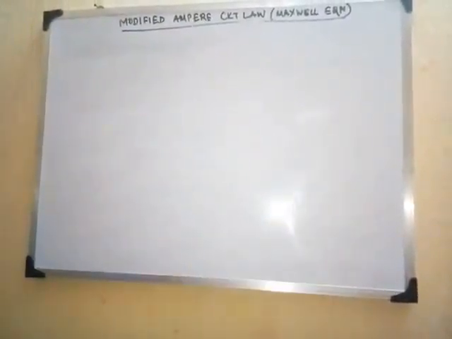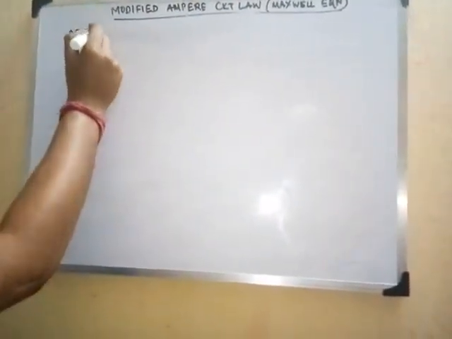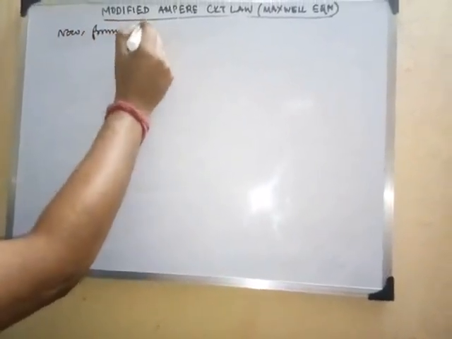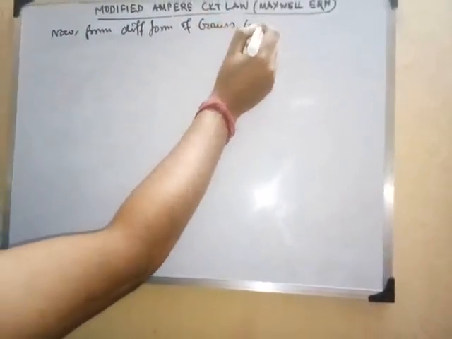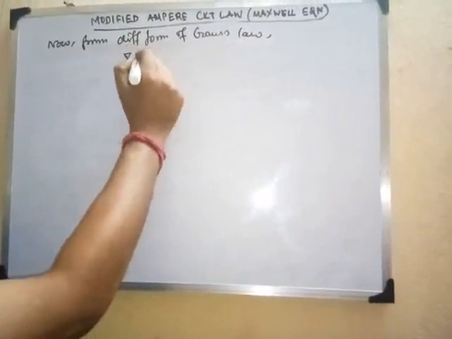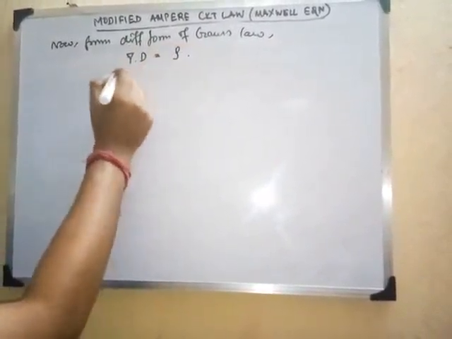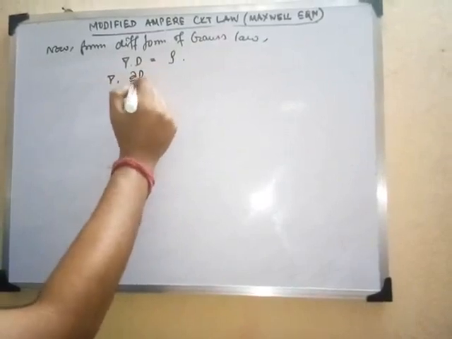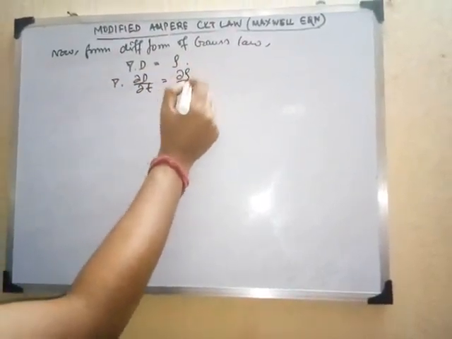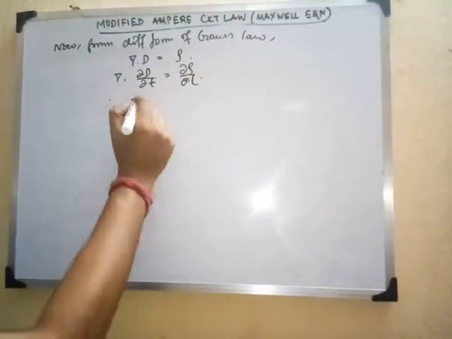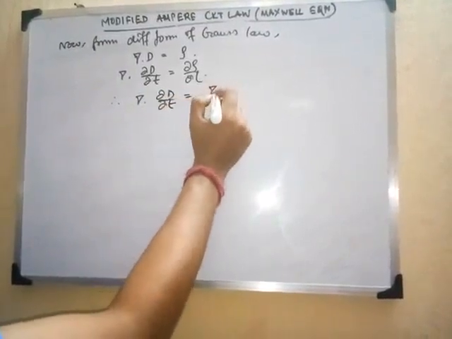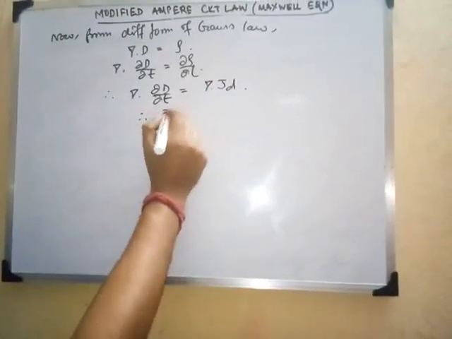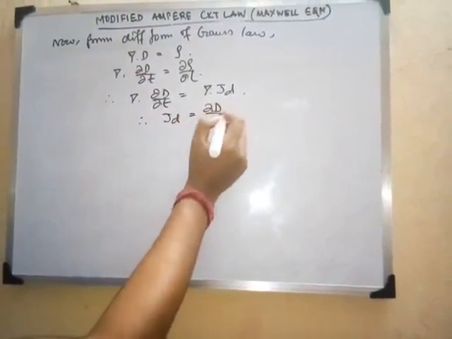From the differential form of Gauss law, what we have got, del dot D is equal to rho, or I can write that del dot del D del T is equal to del rho del T. Therefore I can write del dot del D del T will be equal to del dot JD, right? Therefore we can also write this JD equals to del D del T.